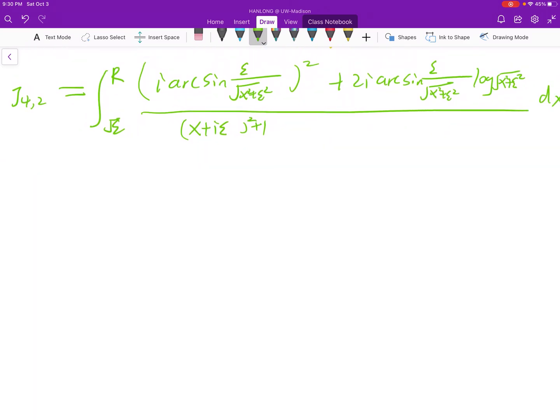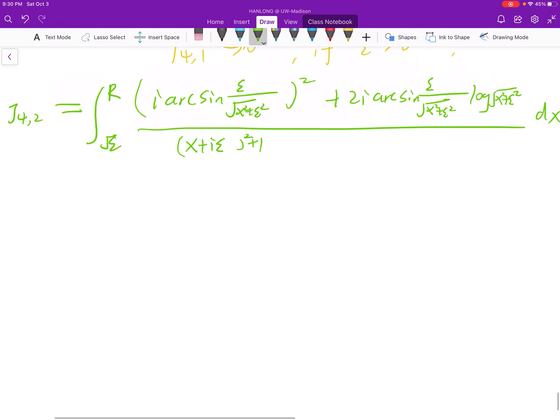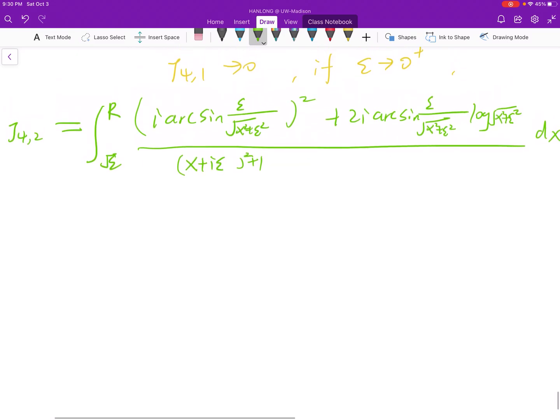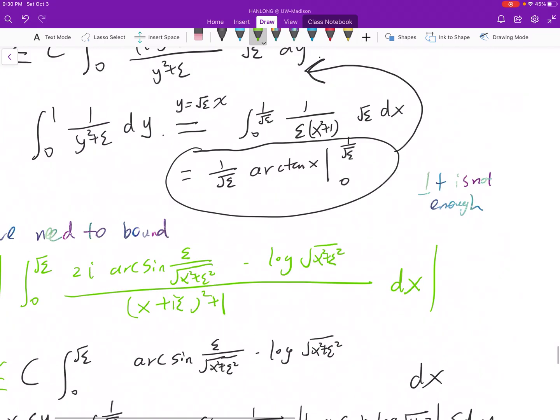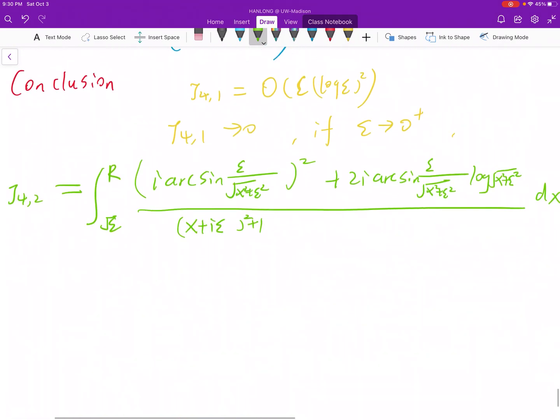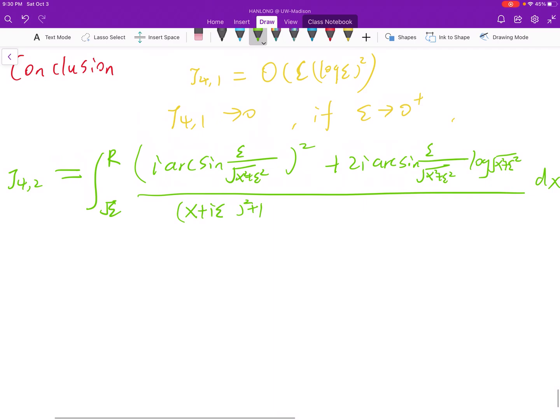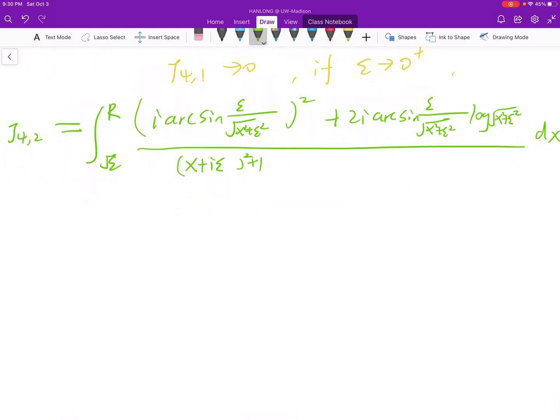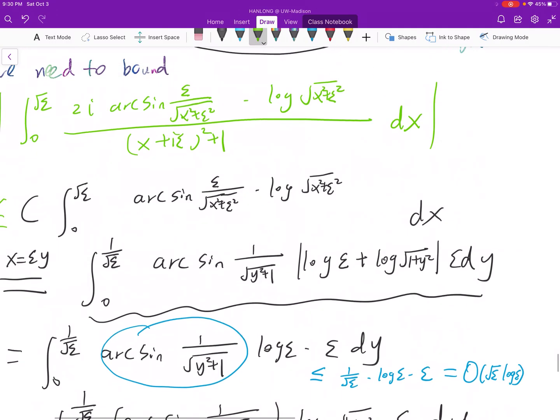How to estimate this one? So first we, I see. Yeah, probably in J41 you can replace the arc sine just by a constant. It might simplify your calculation. Okay, but anyway, so this time, let's go back to this.